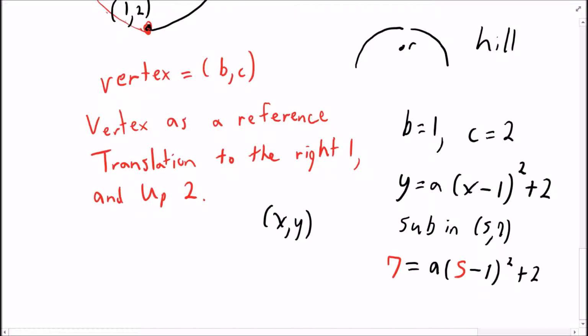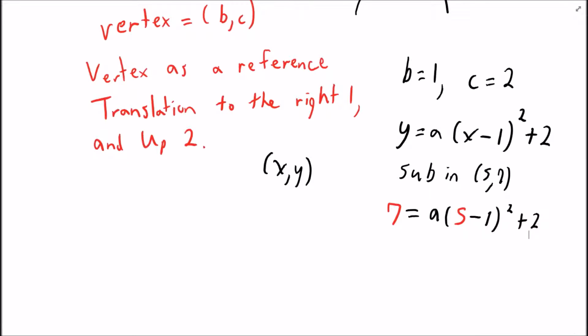So the first thing I would do is move the 2 over. So 7 minus 2 is 5 equals 5 minus 1 is 4, and 4 squared is 16. So 16a. And then the last step would be to divide by 16. So a equals 5 over 16.